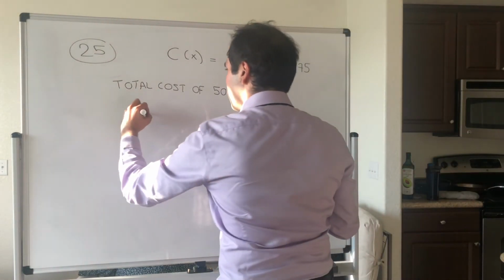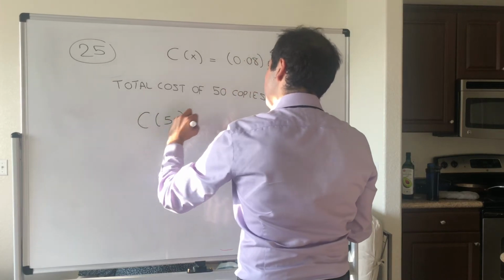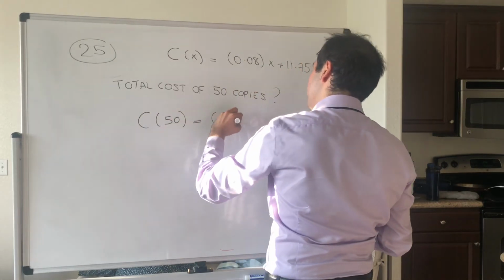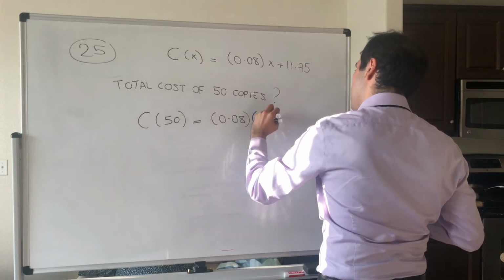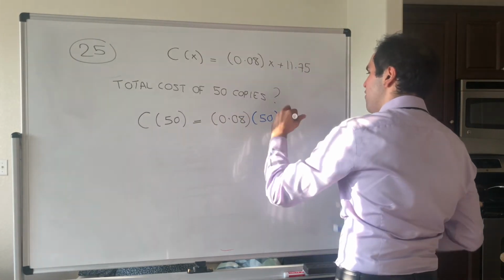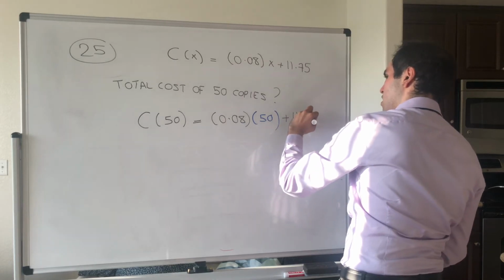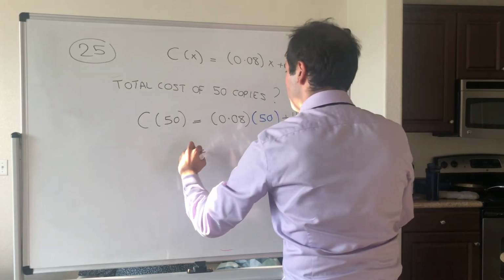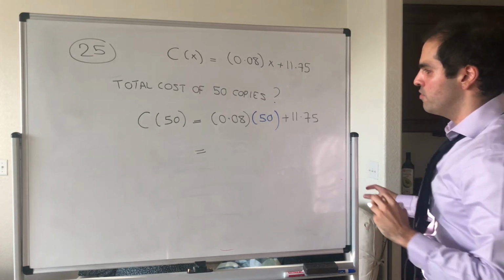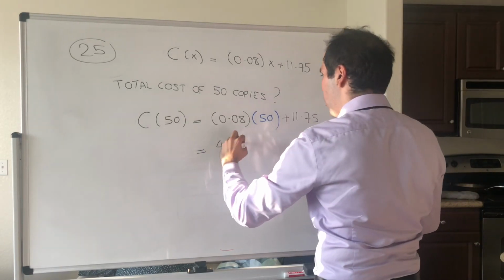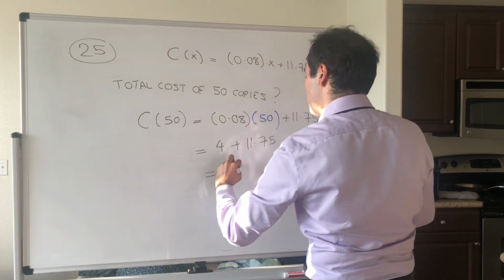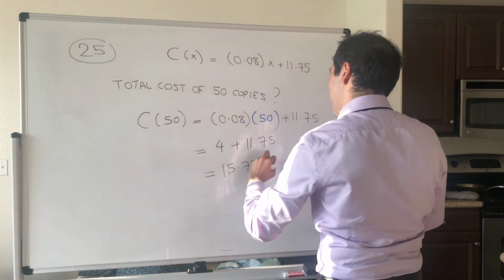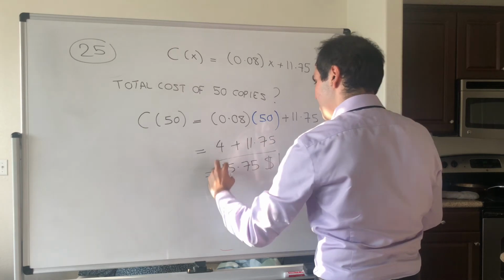So the cost of 50 copies, C of 50, is 0.08 times 50 plus 11.75. And I believe this becomes, 0.8 times 5, 4 plus 11.75. So in the end, just $15.75.